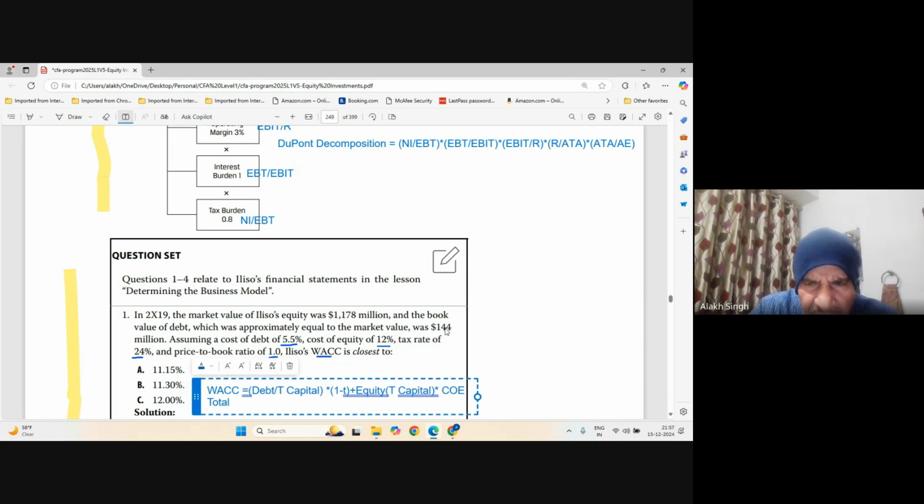Total capital becomes 1178 plus 144, which is 1322. So WACC is equal to 144 divided by 1322, and this times 1 minus T. How much is T? 24%.